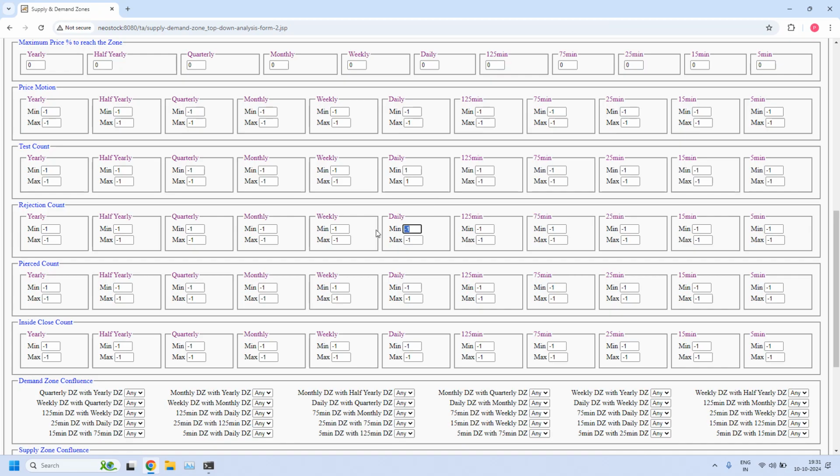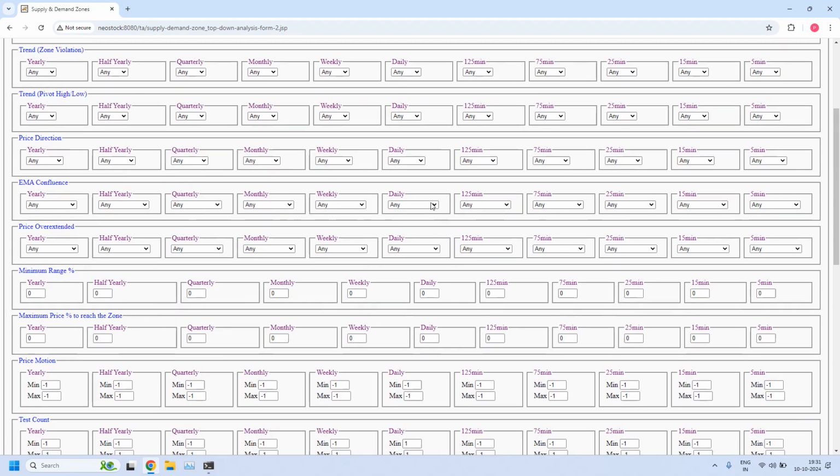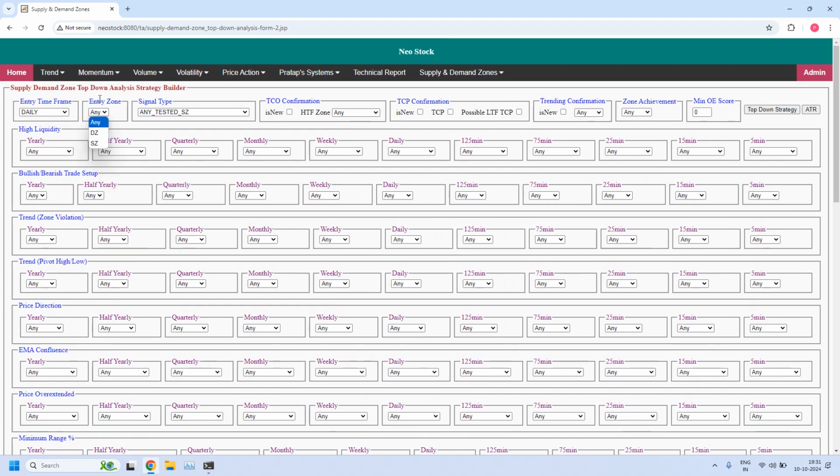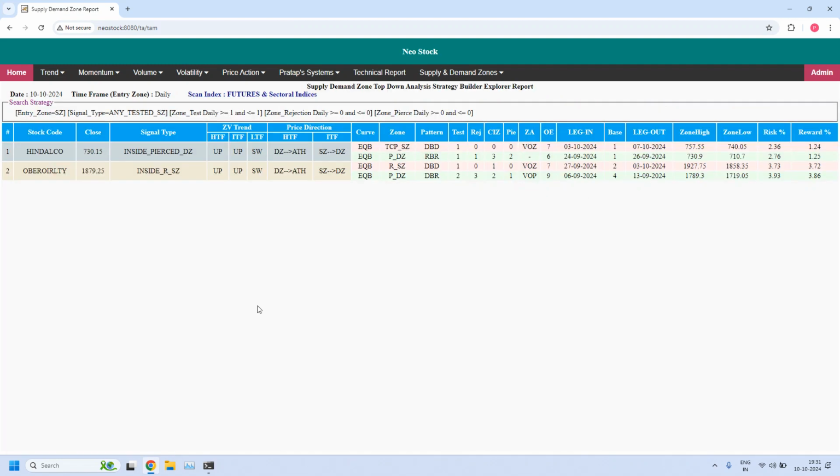Rejection count should be 0. And the pierced count also should be 0. Zone should not be pierced. And zone should be supply zone. Entry zone should be supply zone. So these two supply zones are tested.